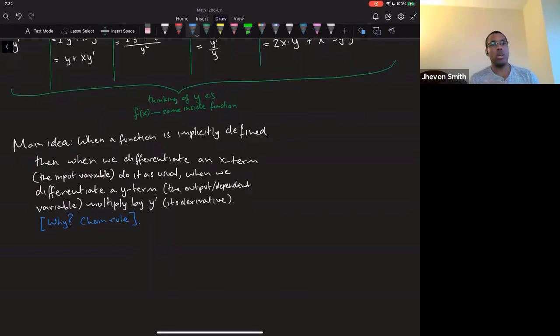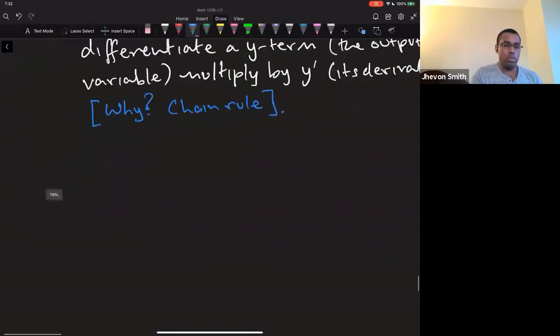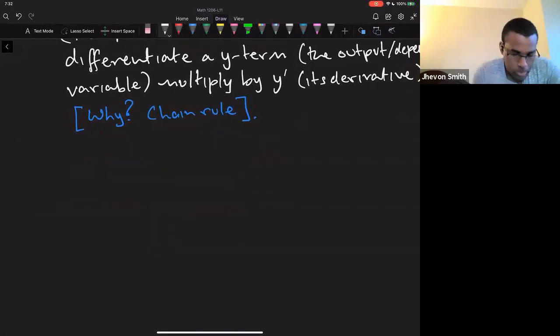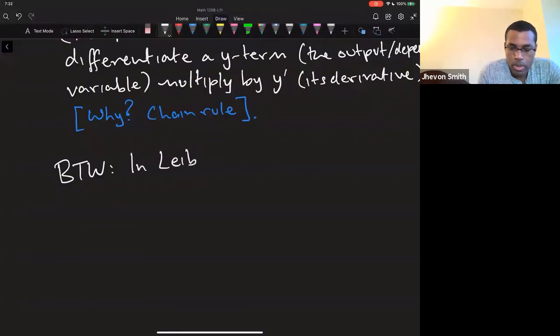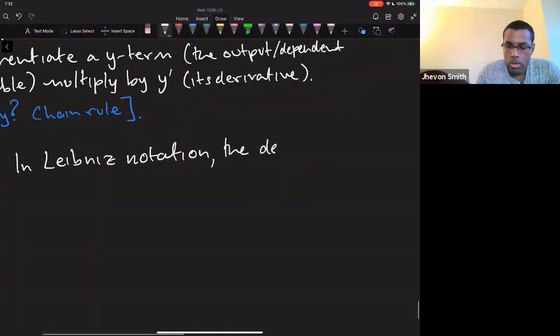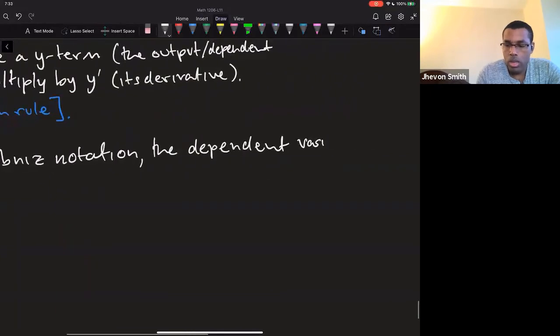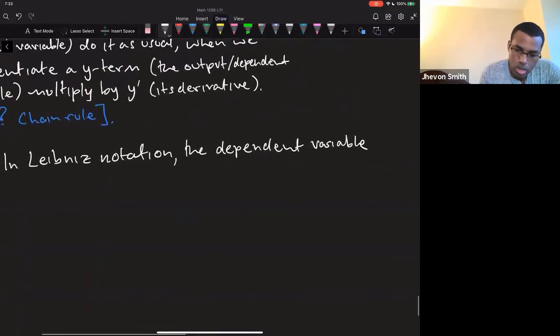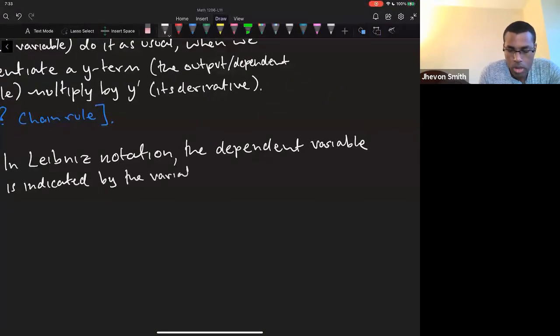If you're differentiating the y term, by the way, let me also mention, in Leibniz notation, the dependent variable is indicated by the variable in the bottom.